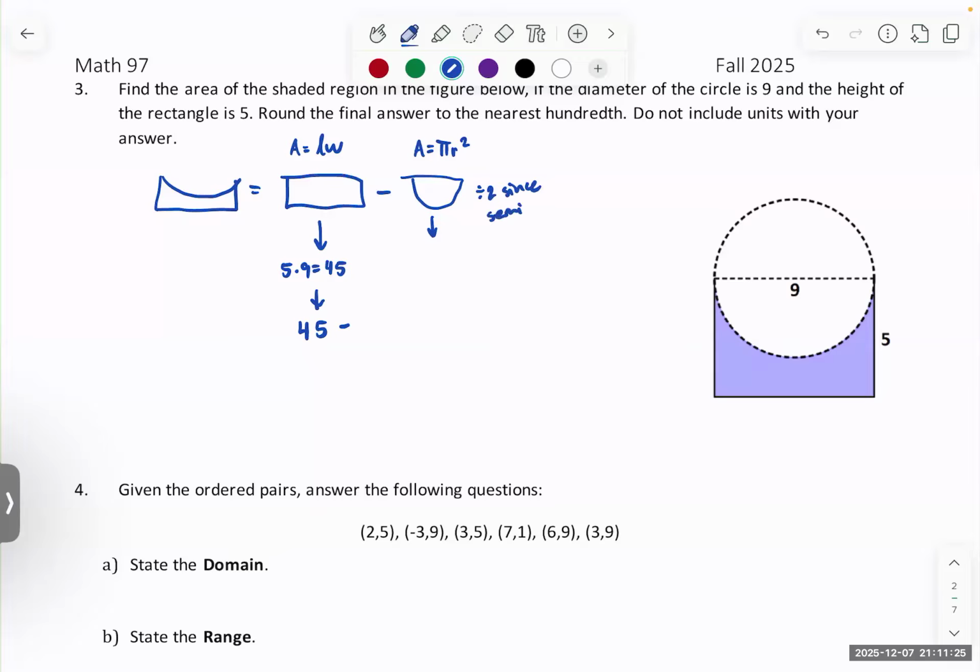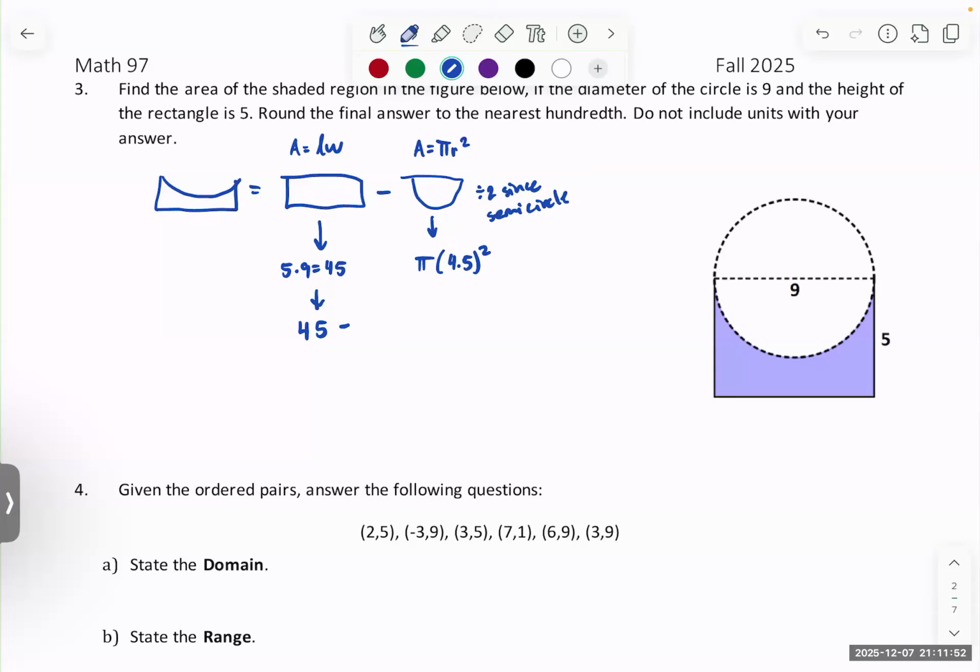You're going to have to divide the area of the circle in half because that's a half circle. The diameter is 9, but we want the radius. So it's going to be 4.5 squared. So it's pi times 4.5 squared. Put that in your calculator.